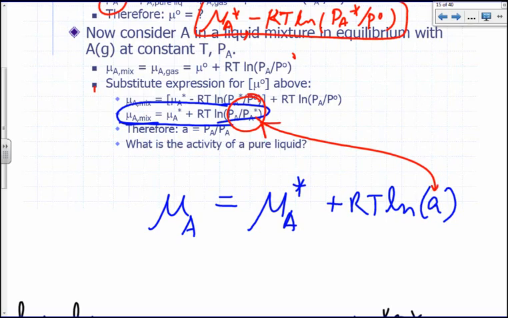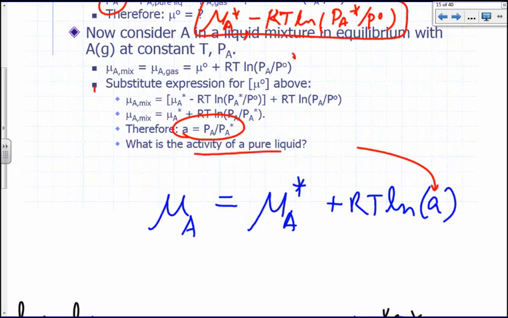So our activity for a liquid that's part of a mixture, a volatile liquid, would be PA over PA star. What would be the activity of a pure liquid? That would be 1, because for a pure liquid PA would be PA star.